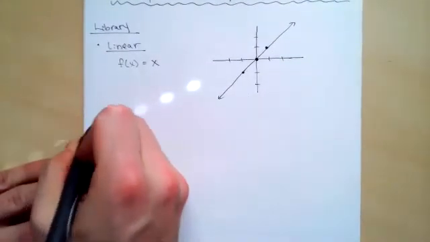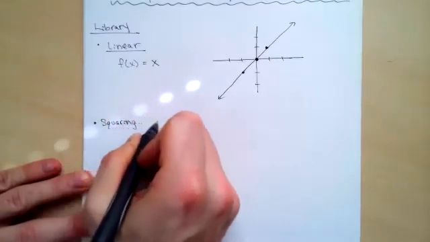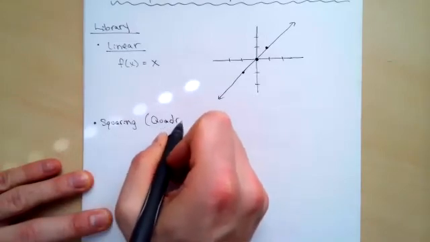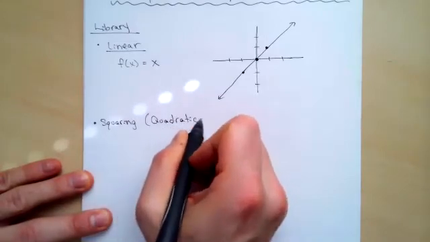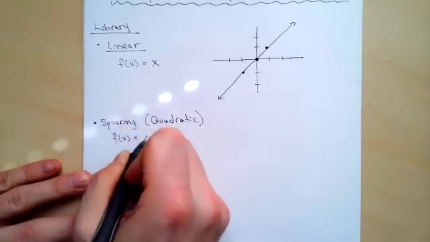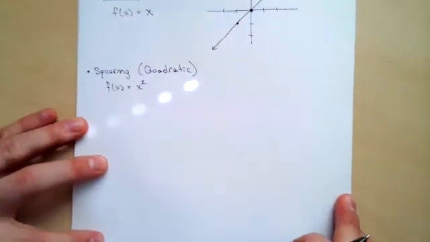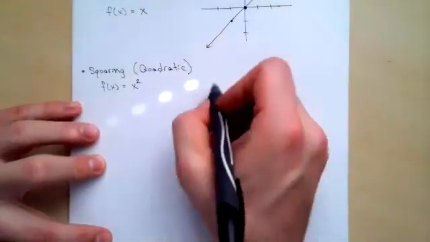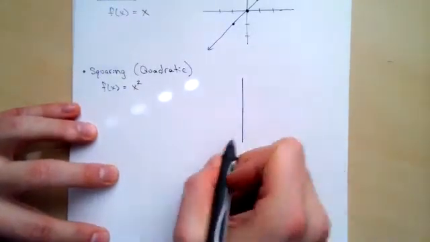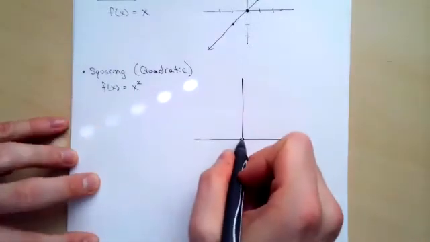We have our squaring function, which will lead to our general quadratic functions. So f of x equals x squared. And with this guy, key points, so it's going to go through (0, 0).